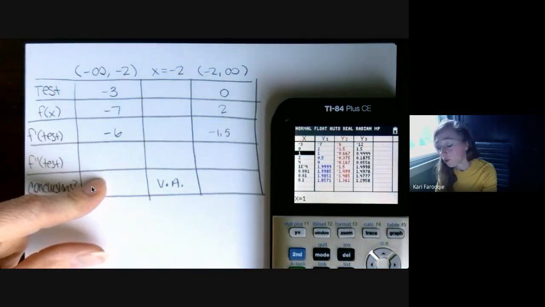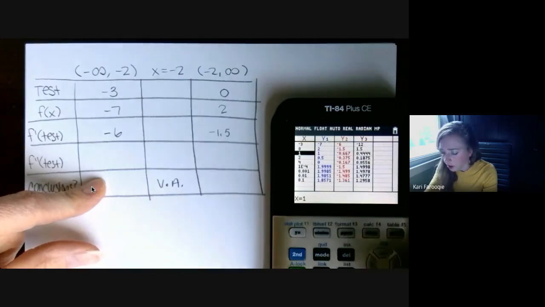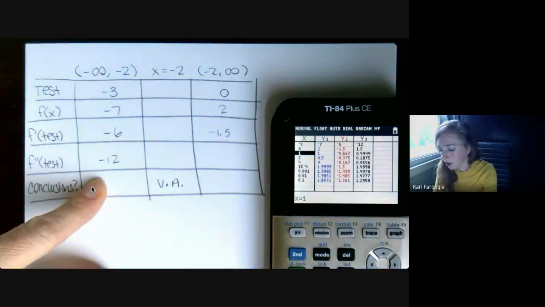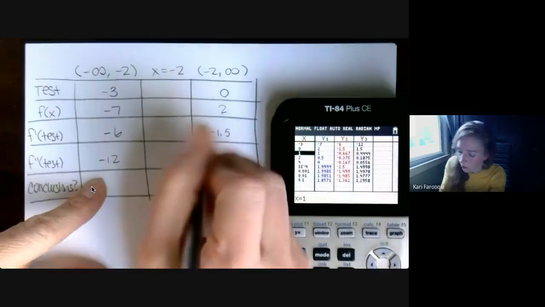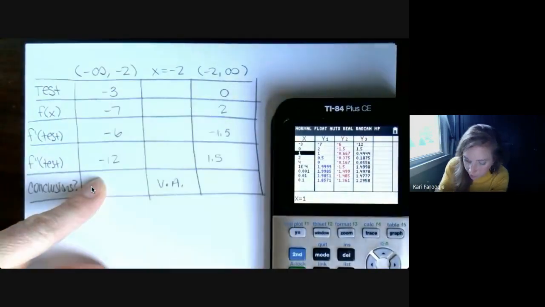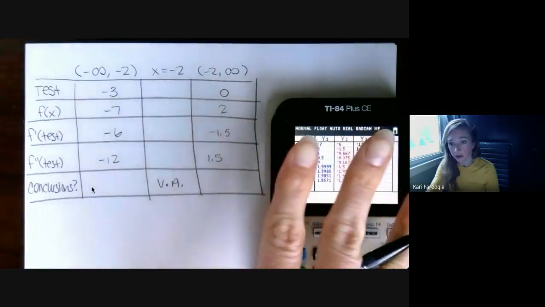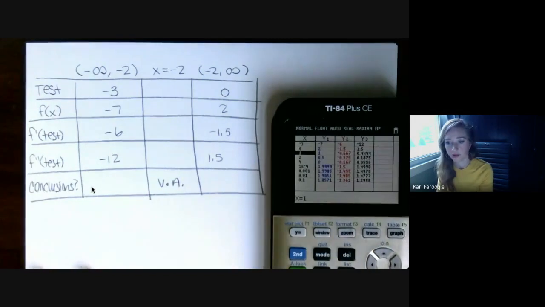And then for f double prime, I'm looking at y sub 3. At -3, it's -12. And at 0, it's positive 1.5. Okay, I'm done with my calculator at this point. Does anybody have a question about how I use the calculator to fill out the table?